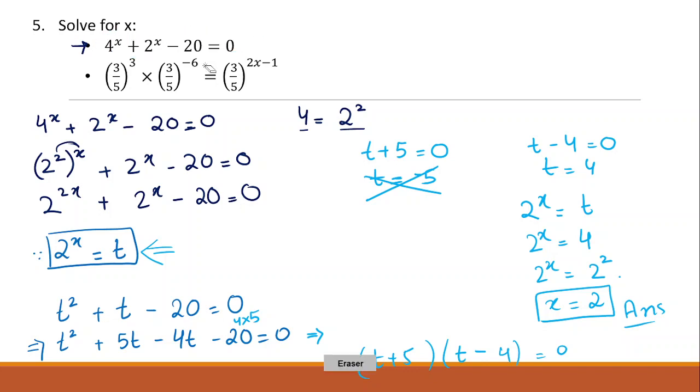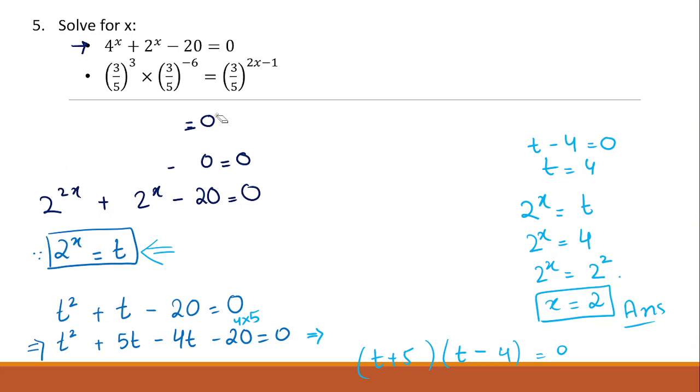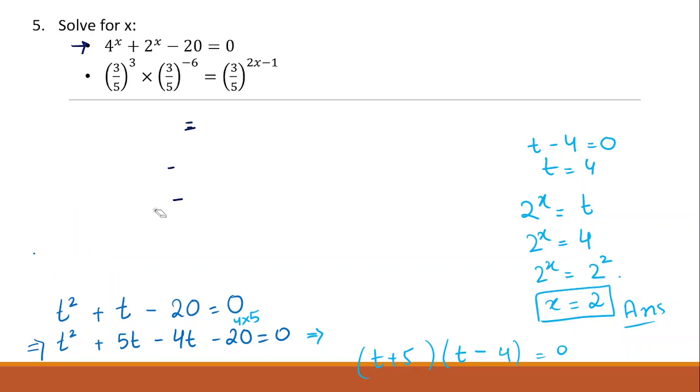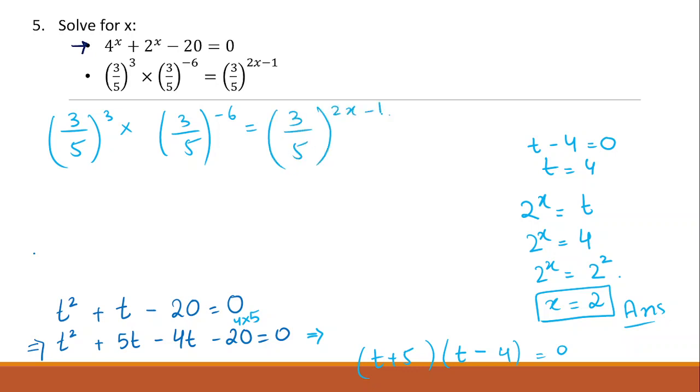Okay. Similarly, now we will do part 2. Let's just write part 2. Part 2 is (3 divided by 5 to the power of 3) multiplied by 3 to the power of 5 to the power of negative 6 equals 3 to the power of 5 to the power of 2x. So both the bases are the same, so you can take just one base, 3 to the power 5, and you can add the powers.